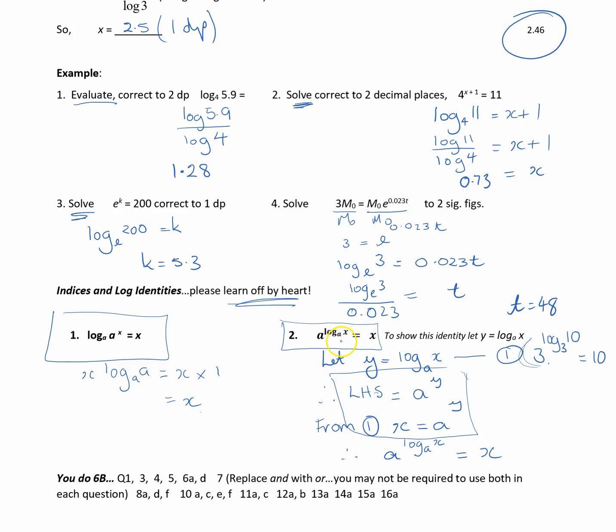So if I go back and state that the left-hand side is a to the power log x base a, and the other thing that a to the y is, is x, therefore the statement is true. Like I said, it's not so much the proof that you have to know, but the property.